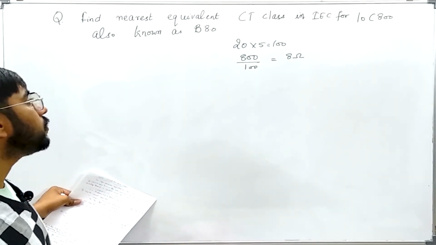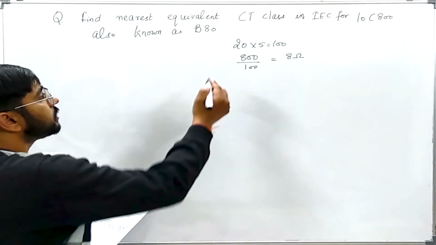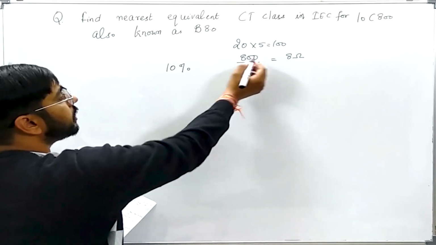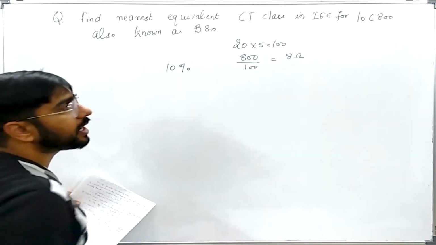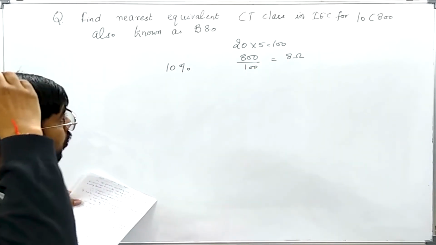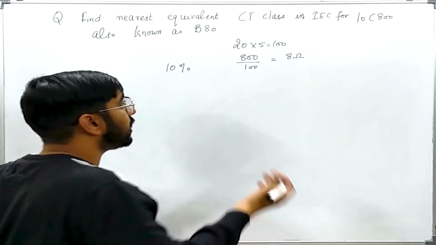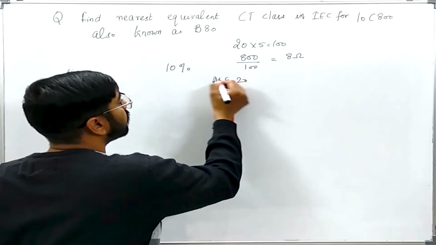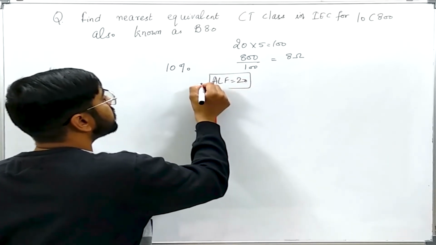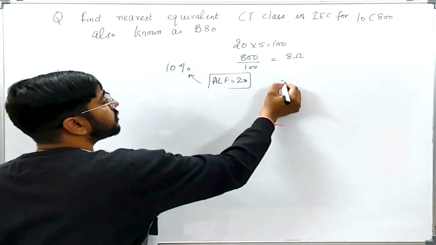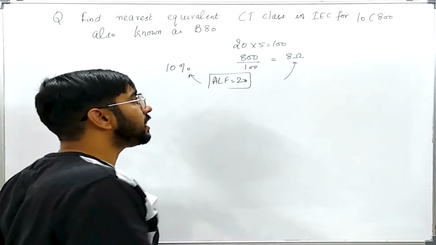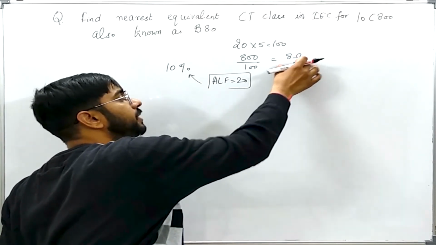Okay. Now this CT is going to have 10% error at this current, 100 ampere current, or 20 times, the ALF is 20 times. Error is 10% and this burden is 8 ohm. Now we want to find the value of burden in volt amperes.